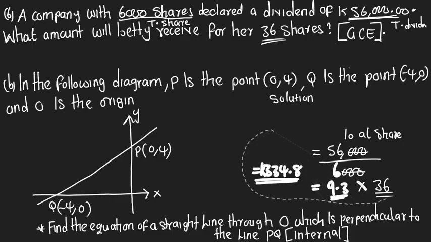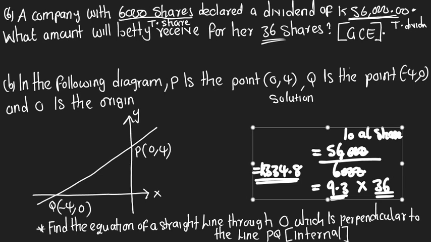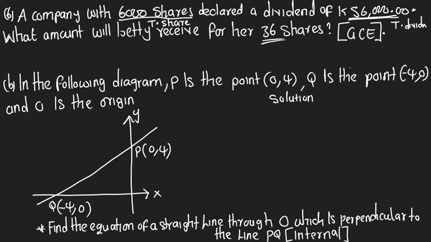Coordinate geometry is very simple. I'll show you how simple it is. I want you to take note. In the following diagram, P is this particular point, then Q is this particular point, and O is at the origin. Origin is 0,0.